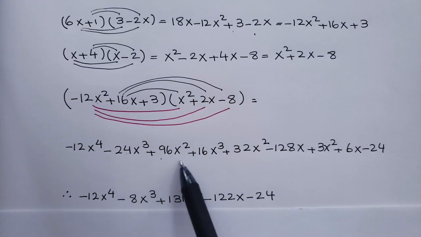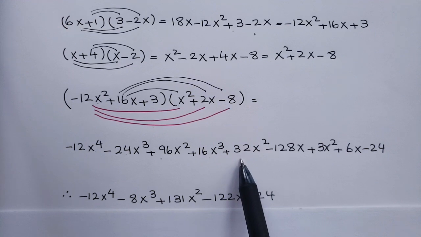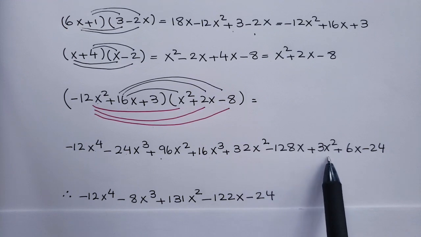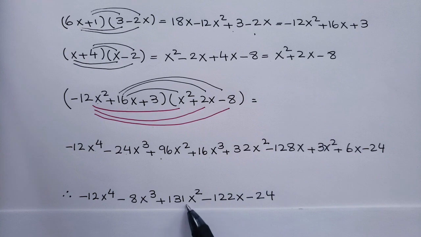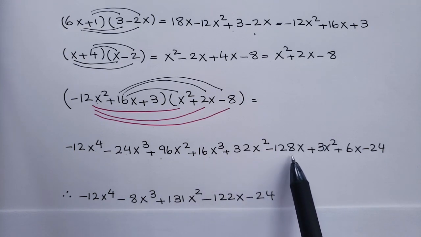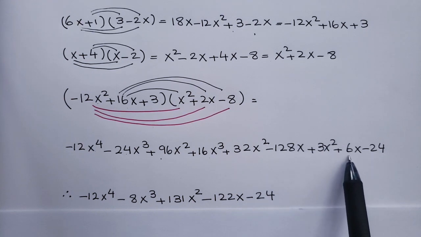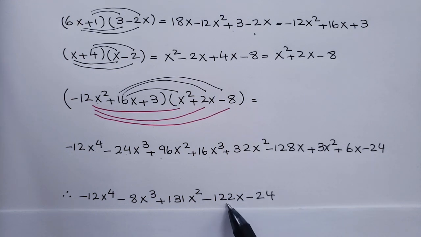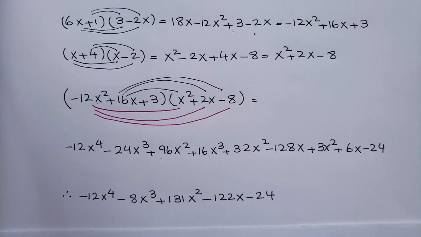So 96 plus 32, 128, 131x squared. Then let's talk about the x, negative 128, and then I have another 6 here, negative 122 and negative 24. So this is the final answer, simplified and arranged.